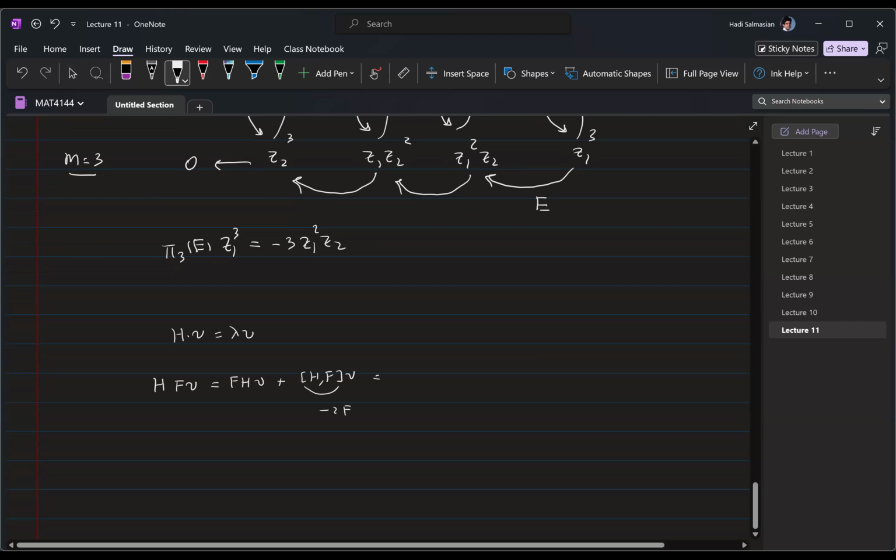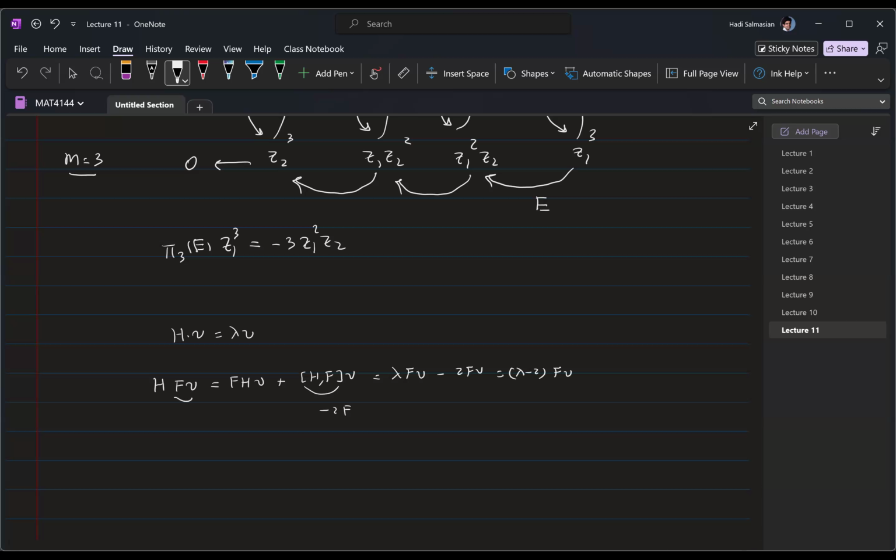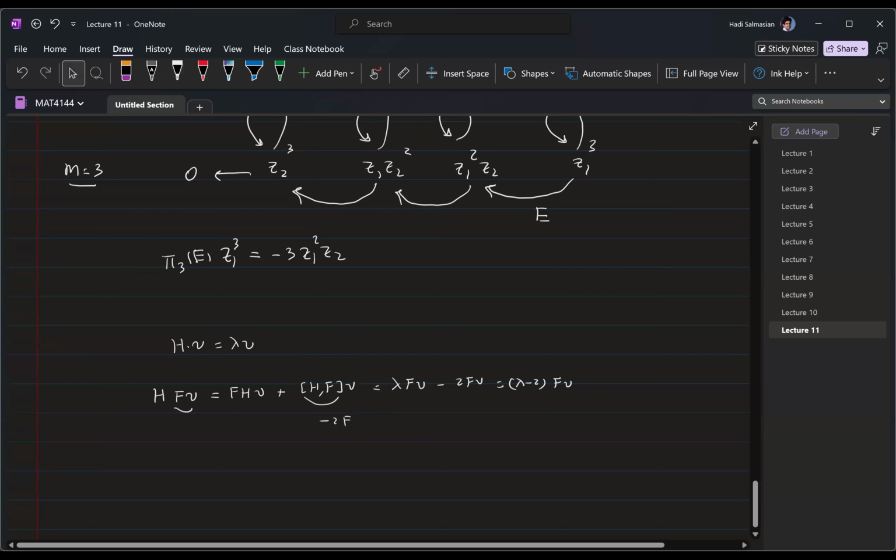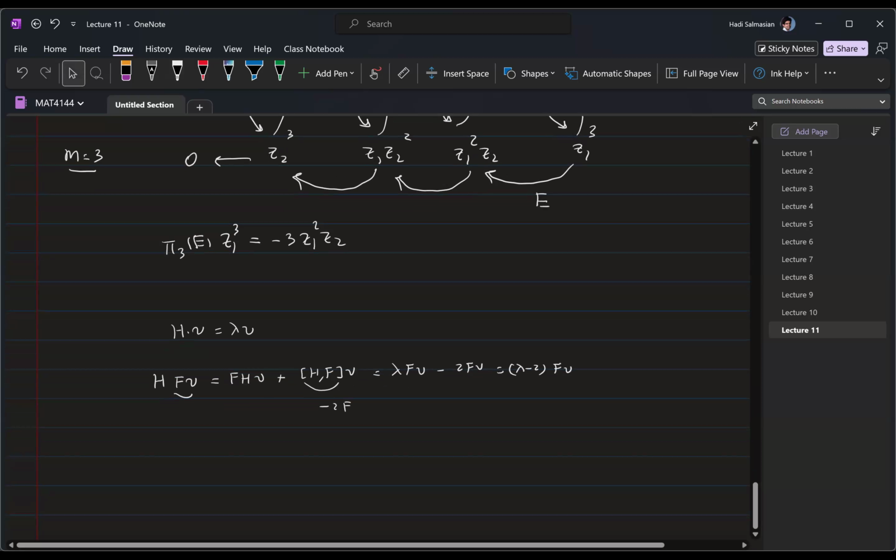So this is going to be F times HV, which is lambda FV, minus 2FV, which is lambda minus 2 times FV. In other words, F pushes eigenvectors down in units of 2, and E pushes them up by units of 2. The eigenvalue goes up by 2 units under E and down by 2 units under F. That's in principle the reason.